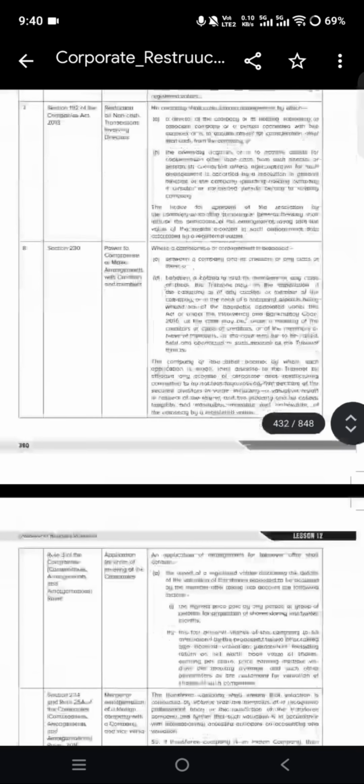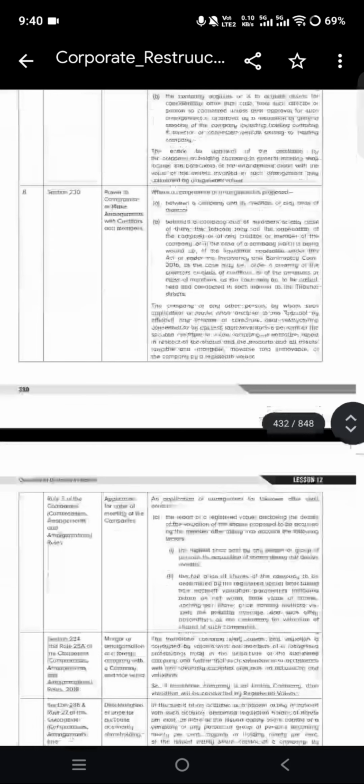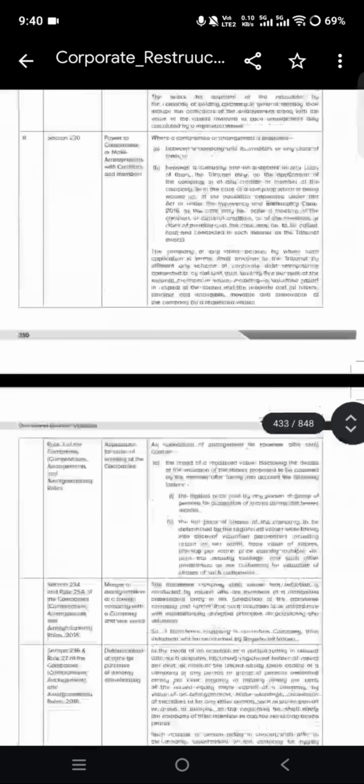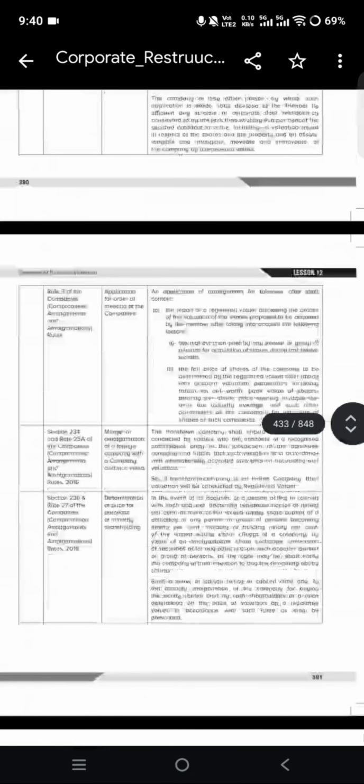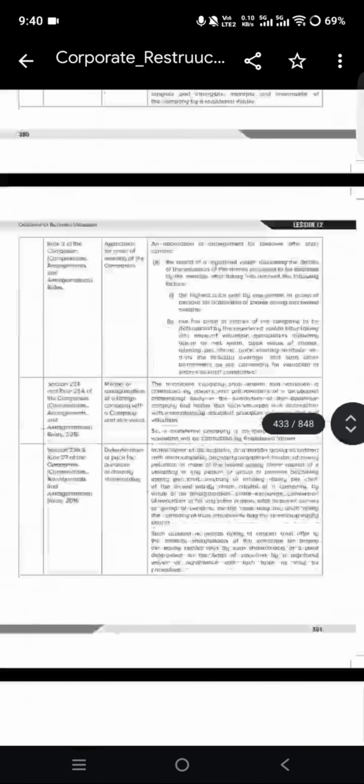So 2 weeks preceding the relevant date, average of 10 trading days. Of these 3 amounts whichever is higher, provided if AOA provides for more, that only will be the floor price.